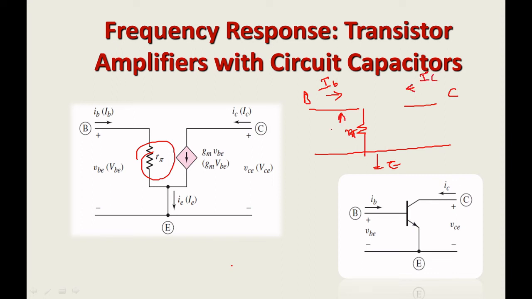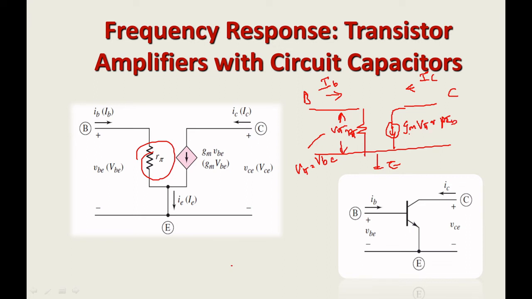This drop is your v pi. This is with respect to the input port, and I also said that v pi is equal to vbe. Then the output current is nothing but the product of gm into v pi, or beta times of ib.